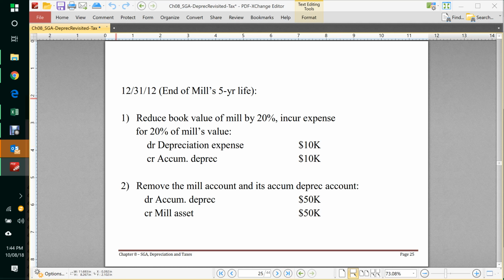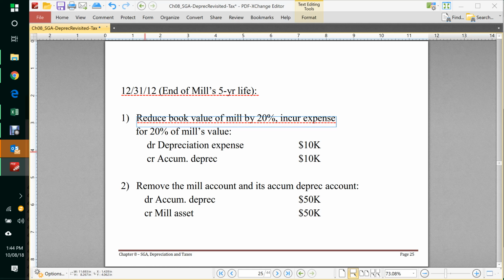So I'm going to jump right to the end of the mill's 5-year life. At the end of its life, we need to take the last 20% of wear off this mill and record it.